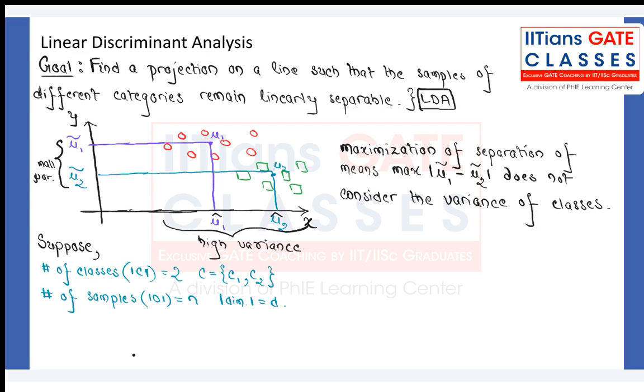The number of samples from class C1 is N1, and the number of samples from class C2 is N2. N1 samples from class 1, N2 samples from class 2.